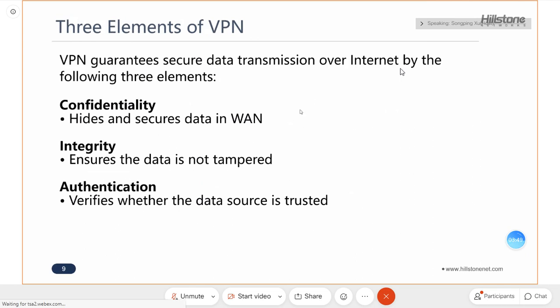These are the three key elements of the VPN we already mentioned during the HCSA course: the confidentiality, integrity, and authentication.